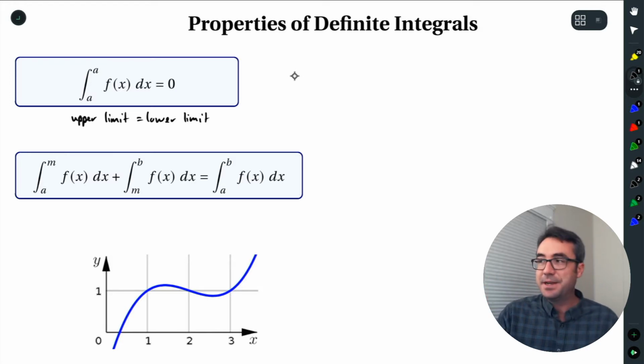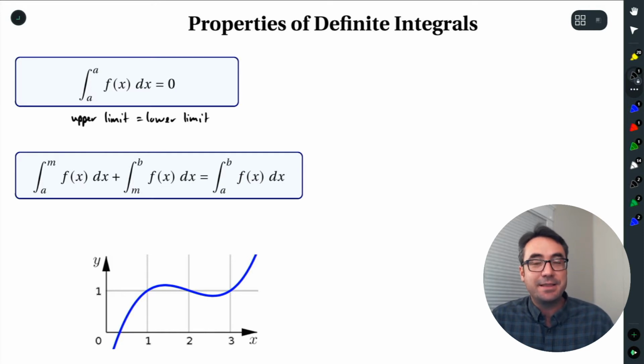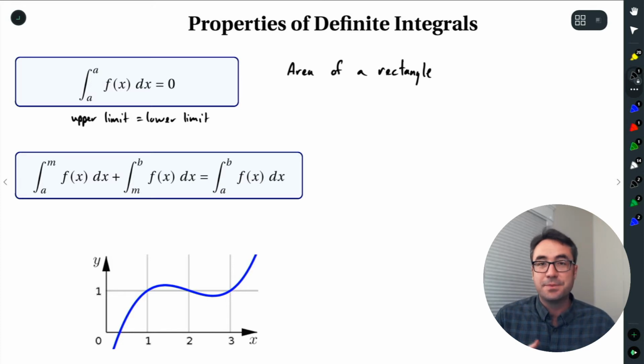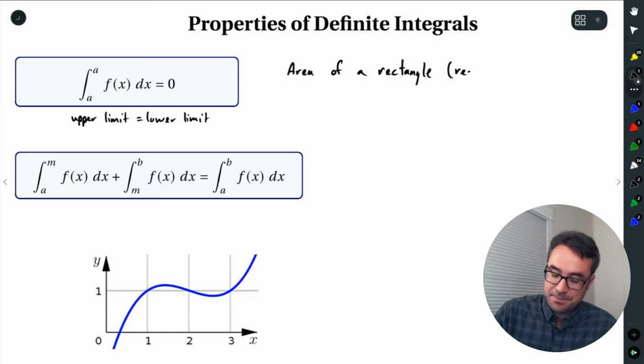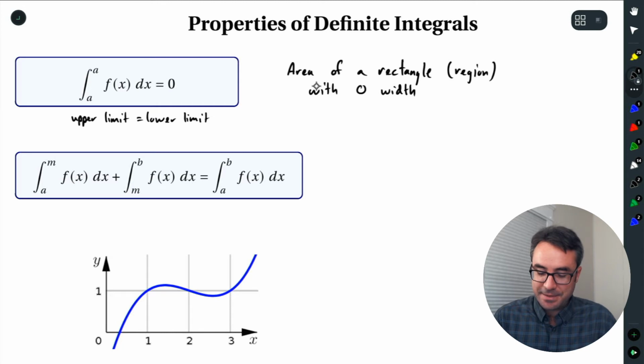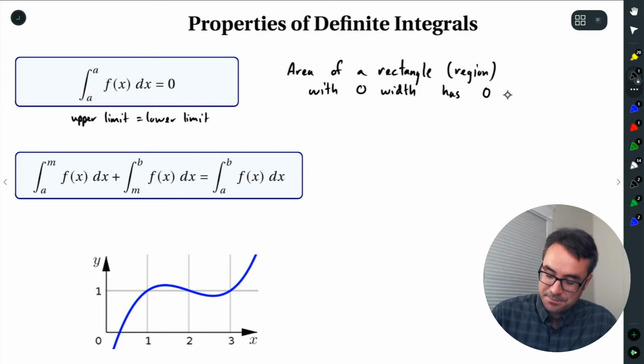So really, this definite integral is almost like calculating the area of a rectangle or a region with 0 width. So we're saying that the area of a rectangle with 0 width has 0 area.